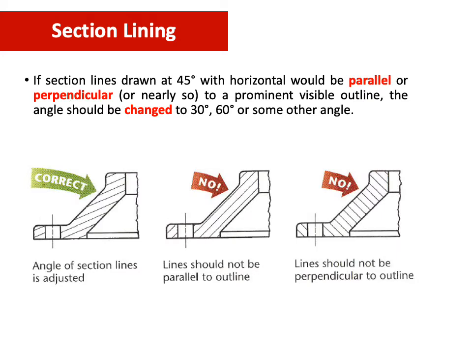If the section lining drawn at 45 degrees with the horizontal would be parallel or perpendicular, or nearly so, to a prominent visible outline, the angle should be changed to 30 or 60 degrees or some other angle.